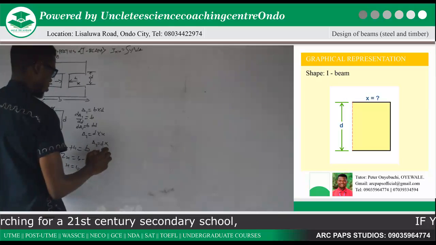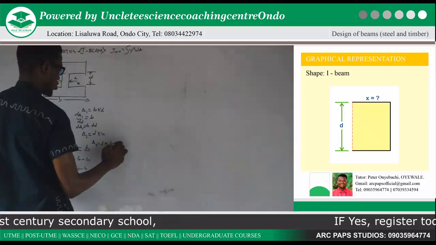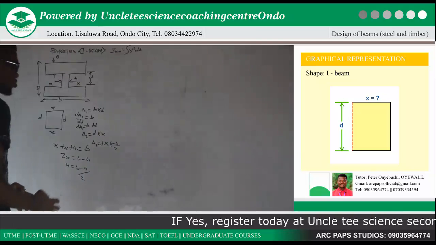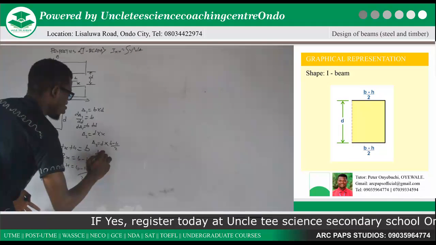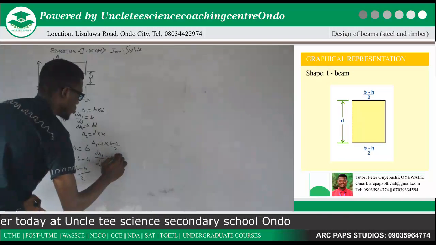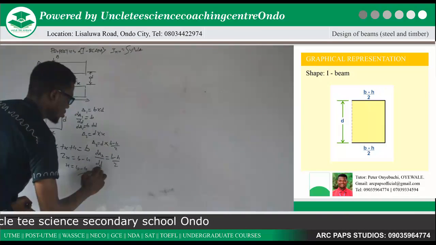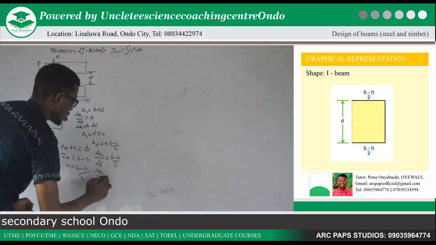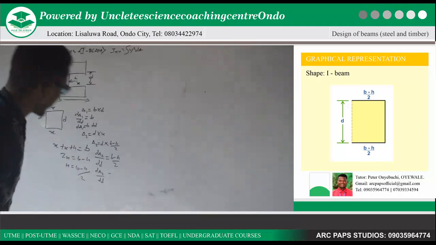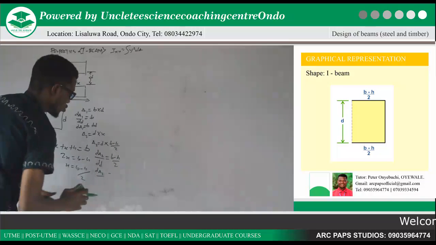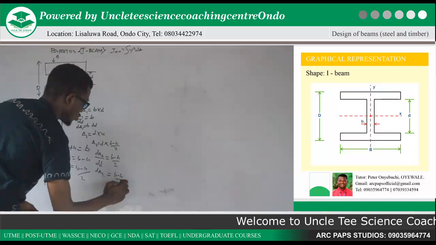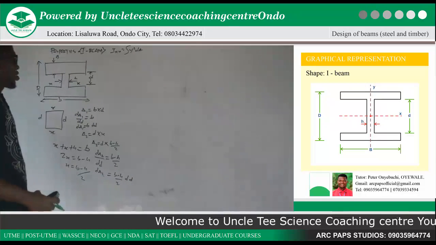So now anywhere we see x in that equation, we'll put b minus h over 2. It means our A2 will give us d times b minus h over 2. Now our dA2 over dD will then give us b minus h over 2. So it means our dA2 is equal to b minus h over 2 dD.